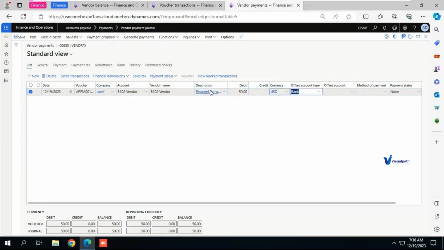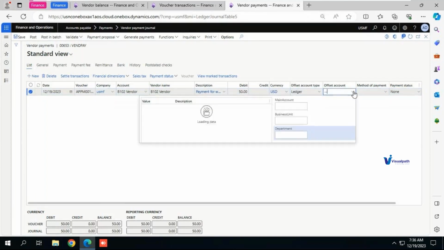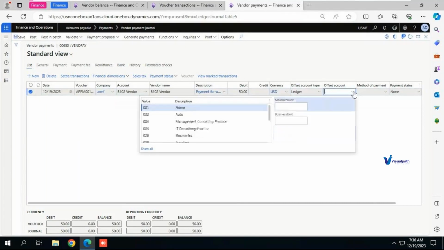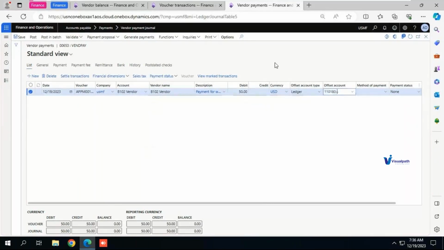Now here you can select cash or bank. I'm selecting cash. 110180 petty cash, I'm selecting. So now here vendor account debit and offset account credit.